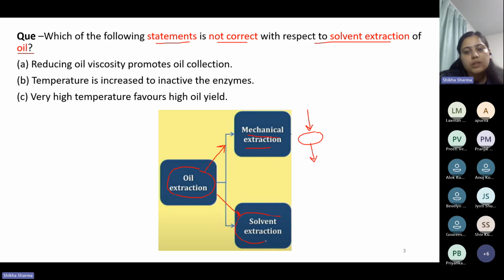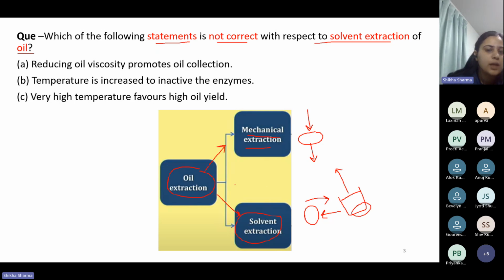In the solvent extraction process, the coarse particles of the oil seeds are brought in contact with a solvent in which oil can easily dissolve. So oil will dissolve in the solvent, and then the solvent is evaporated from the oil-solvent mixture and we get oil as our product. This is what mainly happens in the oil extraction process.